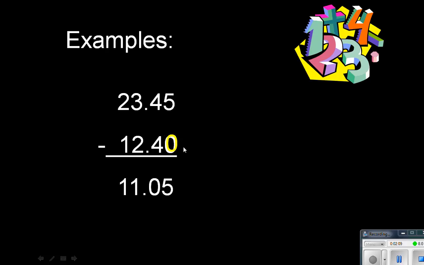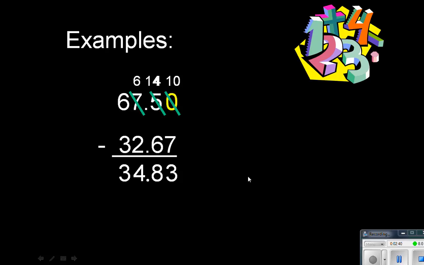The 0 here is yellow because we had to add it, so that way it would hold the place value. We are going to work, of course, straight up and down, making sure these decimals are lined up, working the problem right to left, and making sure the decimal is directly in line in the difference.